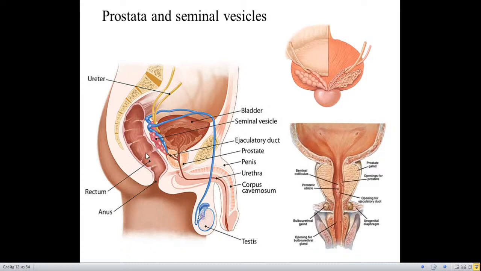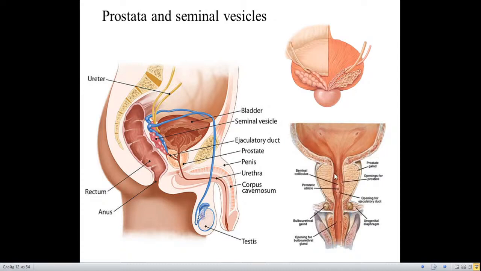Later I'll explain the clinical significance of this anatomical relation. The seminal vesicles are also an exocrine gland. It secretes the liquid component of semen, rich in fructose, which provides energy for sperm.